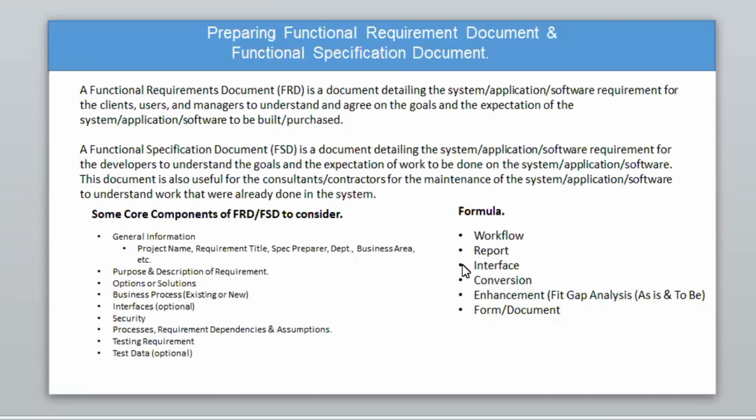Once they capture the current functionality in terms of the business practices, the database that is being used, and the processes inside it, they can use that information to build a functional requirement document to say, okay, this new application that we are trying to procure, or that this vendor is trying to build, this is the expectation.